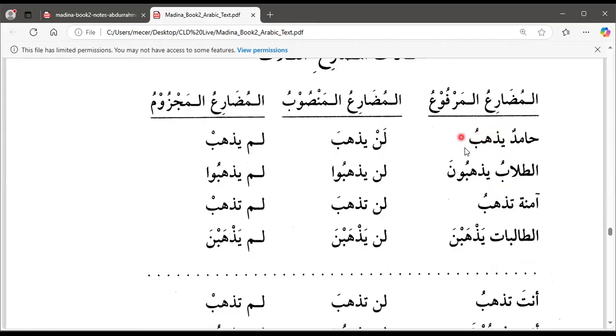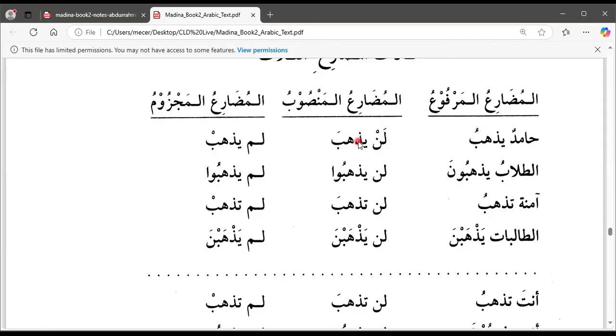So we are looking at this jumla fi'liya; yadhab is the one we are saying is mudari' marfu'un, alamatu rafa' bidhamma. As you can see, there's a dhamma at the end. So we call this al-mudari' marfu'un.